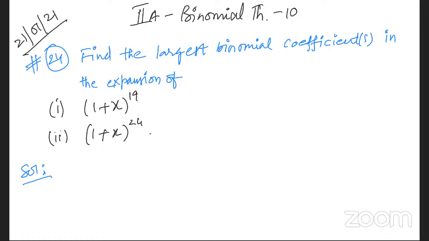First, we'll try to solve the first bit. What is the expansion we have? (1 plus x) whole power 19. Here, n is equal to 19, which is an odd integer.